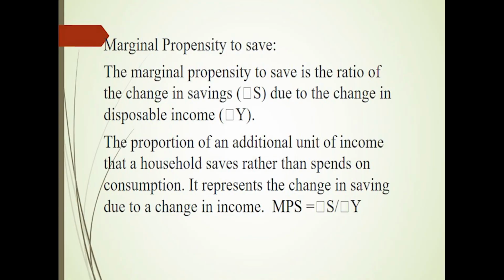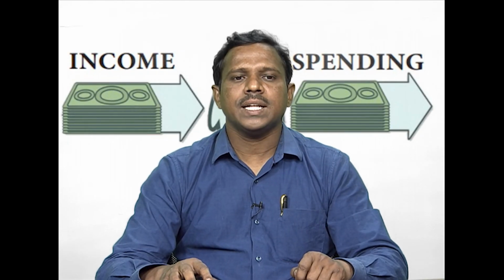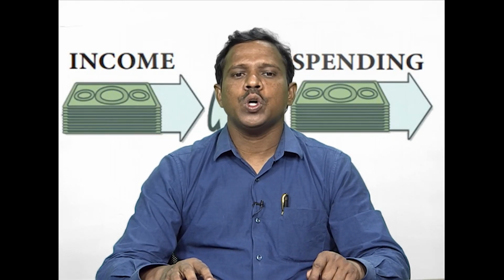If an additional unit of income is earned by the households, how much of it are they going to save rather than spend, that is the marginal propensity to save.